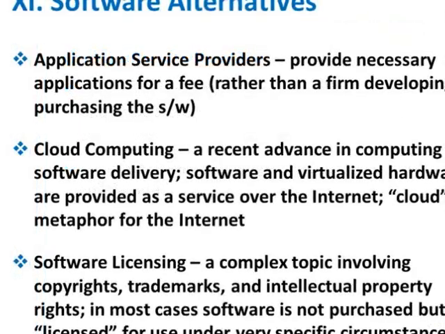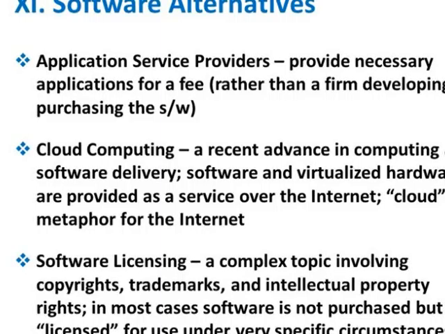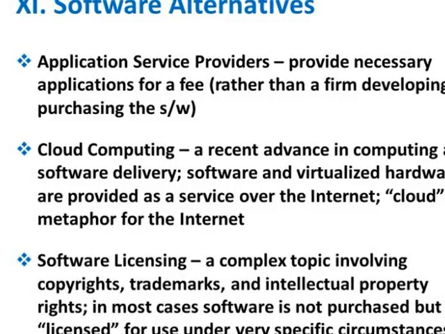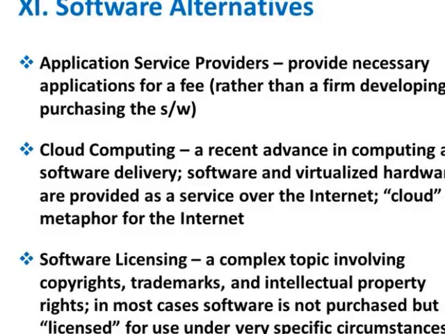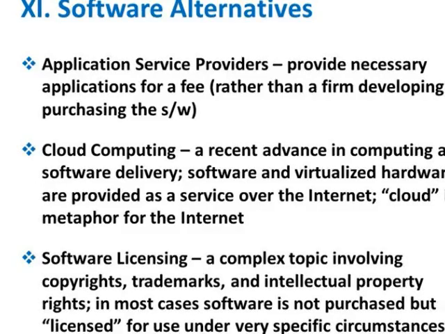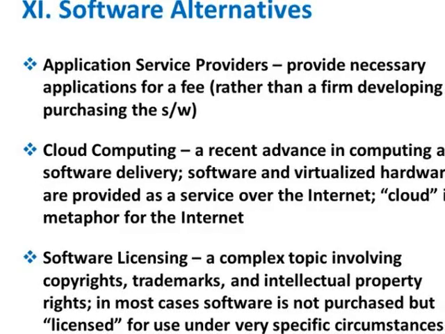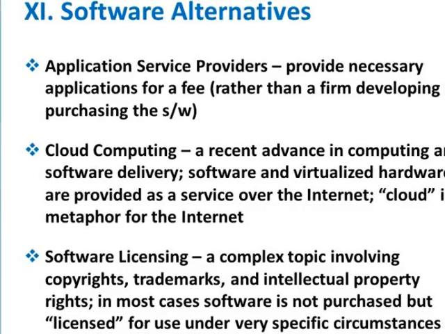This is labeled software alternatives, although in today's world this is actually where we're going. It could be considered our primary source for software in the future. Application service providers provide the software for you. They manage the hardware, they manage the software, we access their software through the internet, and we pay for what we use.